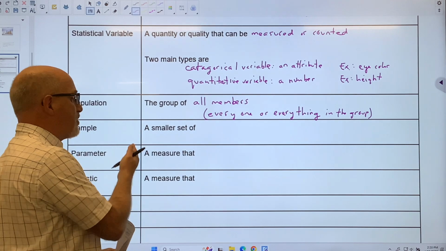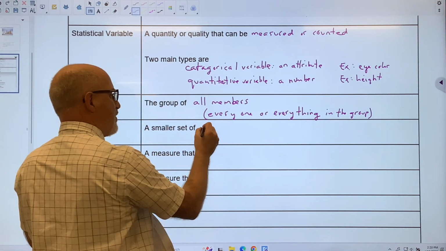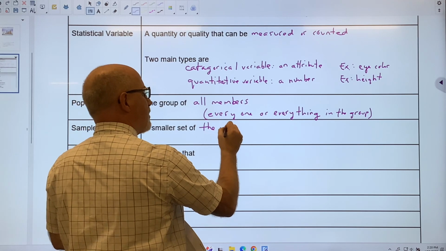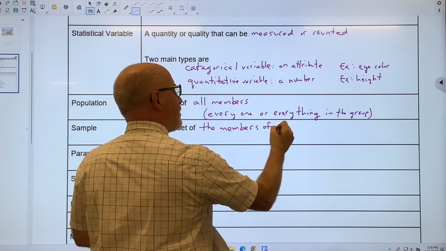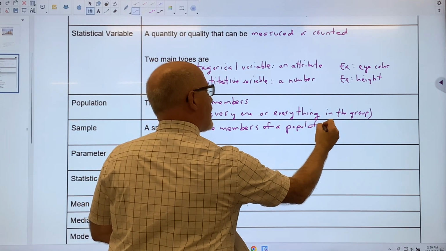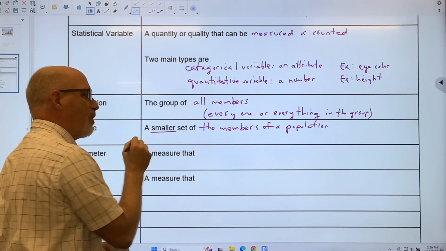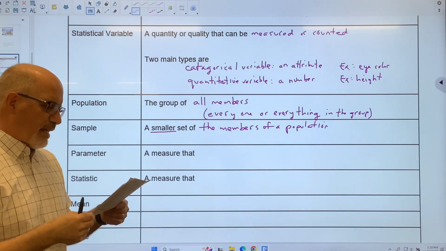So a sample is a smaller set of the members of a population. So notice that smaller set, you want to reduce it down to find out what the sample is.